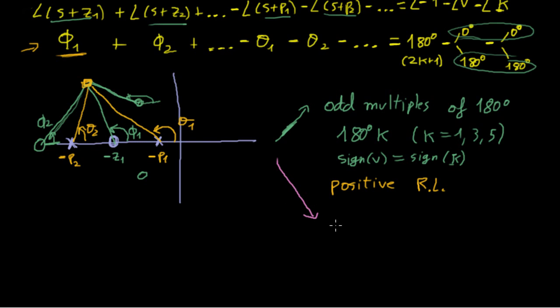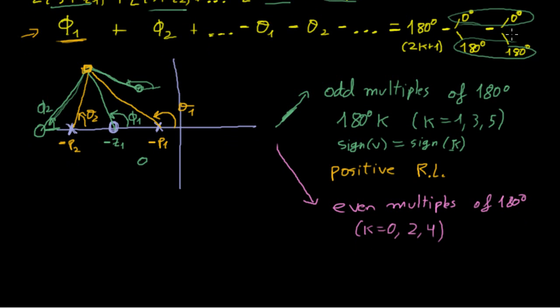And if those angles add up to even multiples of 180 degrees, so in this case k is equal to 0, 2, 4, and that is something which happens in either this case or this case.